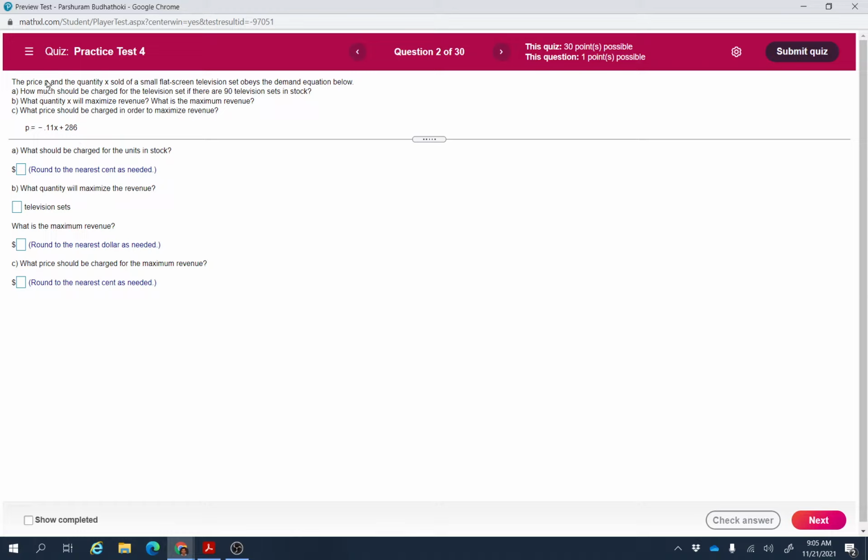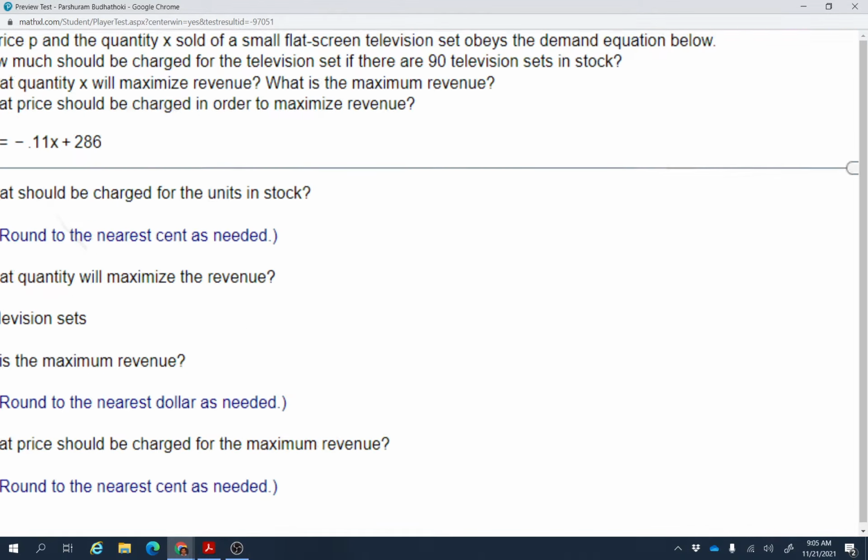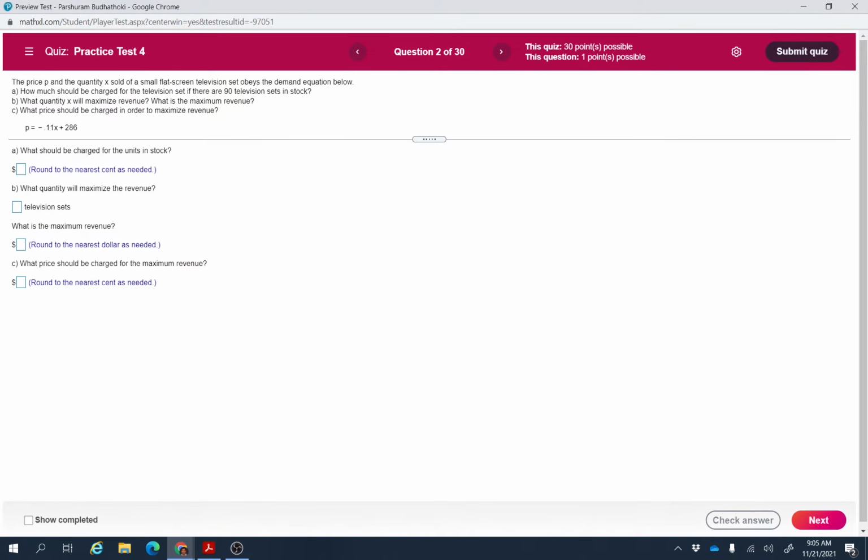Okay, the price P and the quantity X sold of a small flat screen television set obey the demand equation given here, which is the price equals negative 0.11 x plus 286. Now, how much should be charged for the television set if there are 90 television sets in stock?